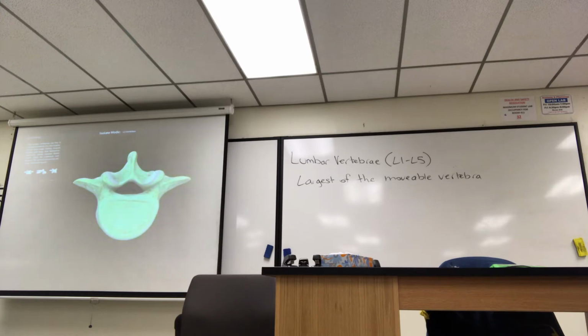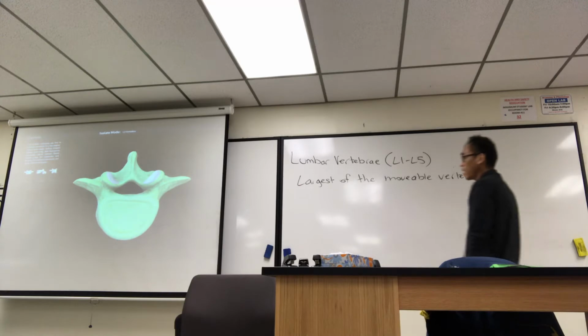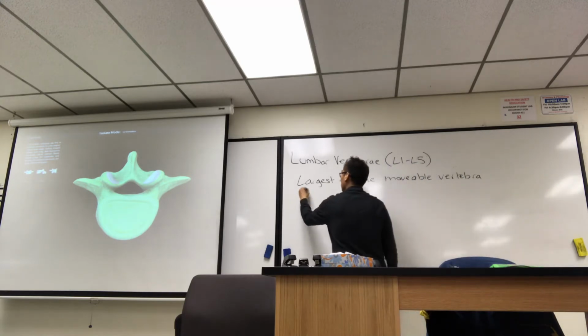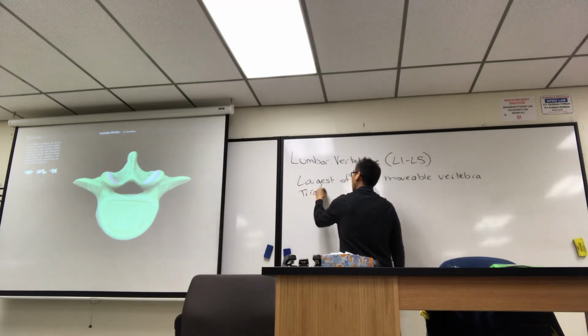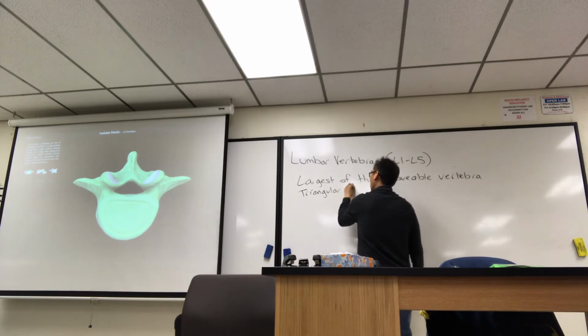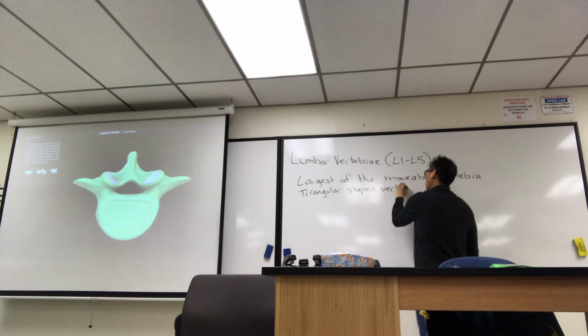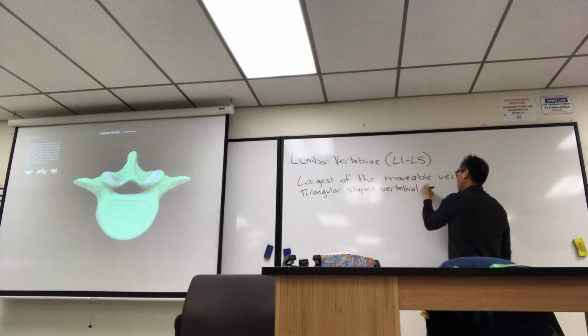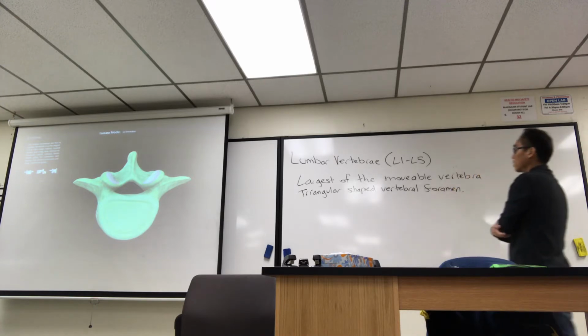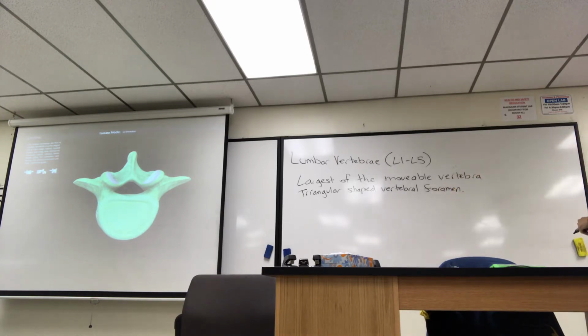well, you tell me, what shape is it? Triangle. It's a triangle, yeah. So they have triangular shaped vertebral foramen.